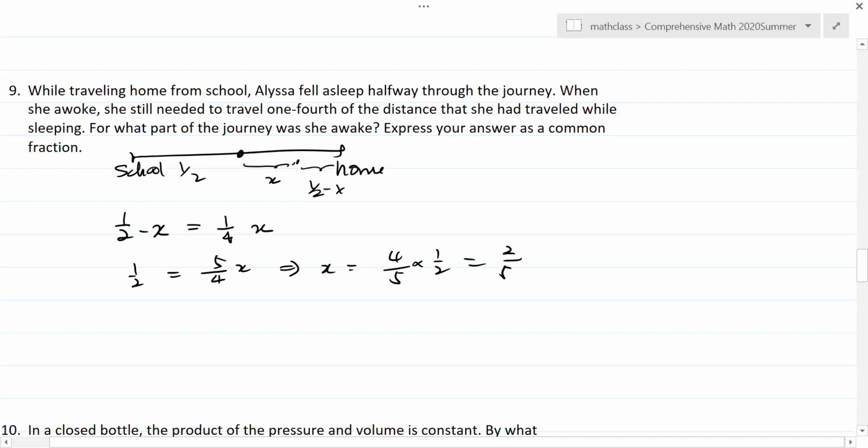So 2/5 is the X. For what part of the journey she was awake, the answer will be 1 minus X. That's going to be 3/5.